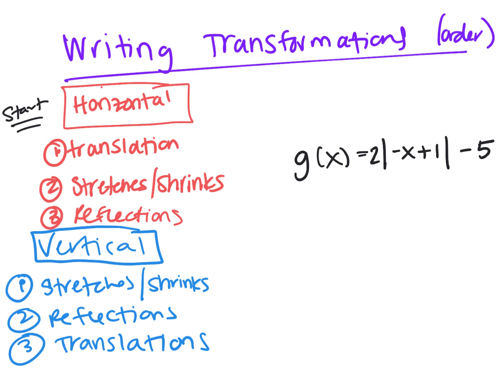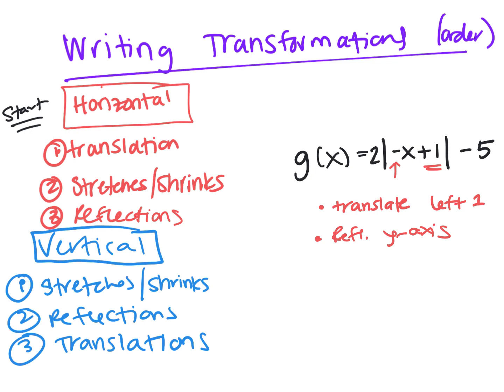So the first thing I'm going to ask myself is, am I translating horizontally? Yes. This -1, I'm going to list that first. This means translate left 1. The next thing I'm going to list is any reflections, stretches, or shrinks. So there's no stretches or shrinks horizontally. There's no inside stretches or shrinks. There's just this negative inside, and that is a reflection across the y-axis.